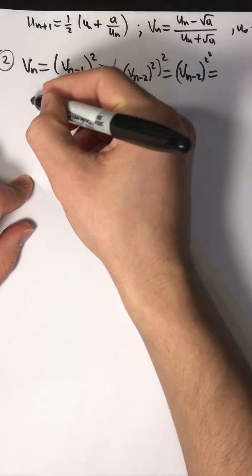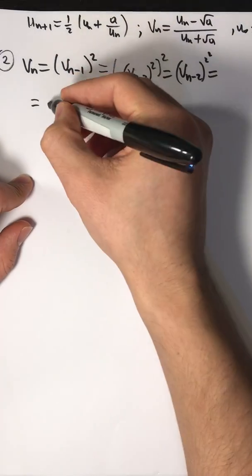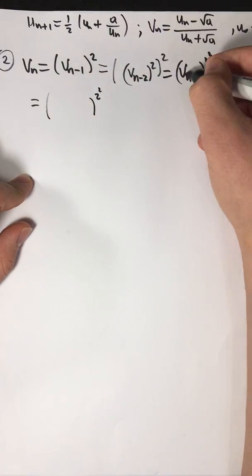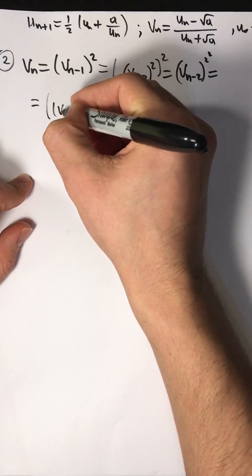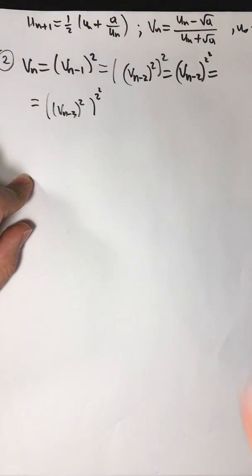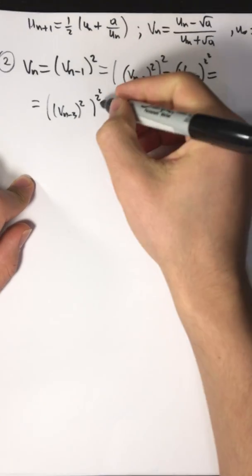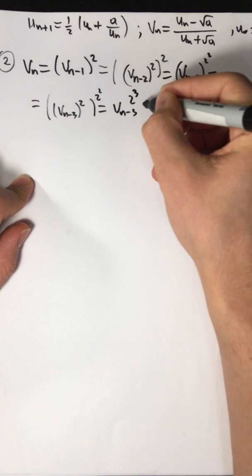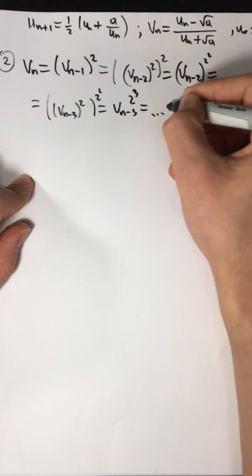And instead of v_{n-2}, I do the same step. I write again 2 square here, but instead of v_{n-2}, I can write v_{n-3} square based on this first formula. And this is equal to v_{n-3} to the power 2 cube, and so on.